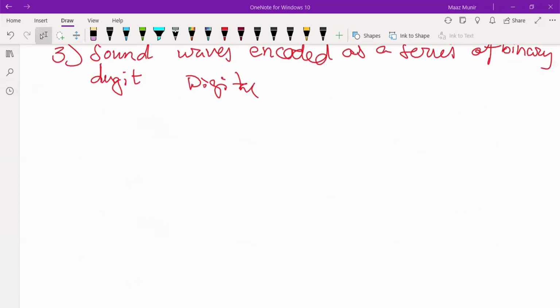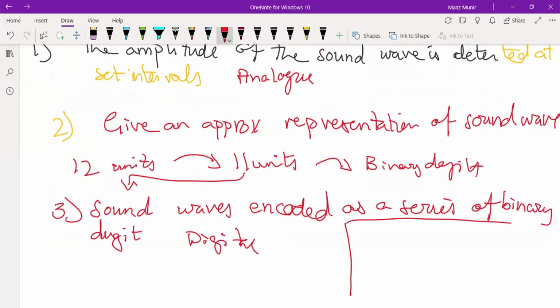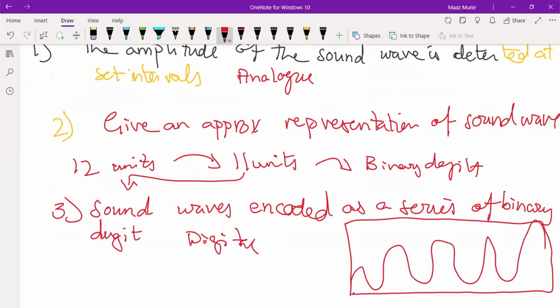Let me copy this. Okay, so the second point. In the past, I told you that we have, let's say, a table like this, in which we have a wave moving like this. Now, this isn't a table, to be honest. This is a graph. You have values 1, 2, 3, 4, 5, up to whatever.